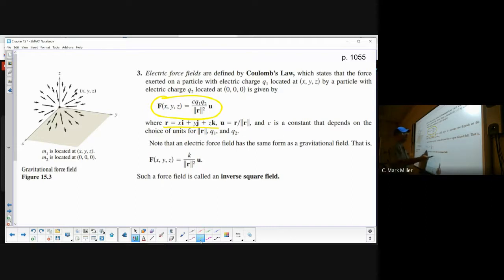And this U is just the magnitude, I guess, and direction of the, it's a unit vector in the direction of R. Right? Note that an electric field, force field, is the same form as a gravitational force field.